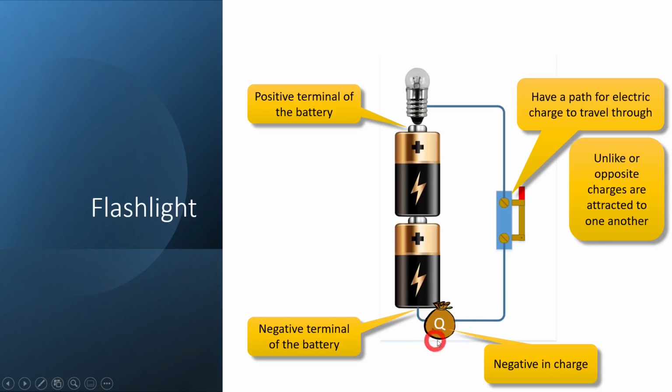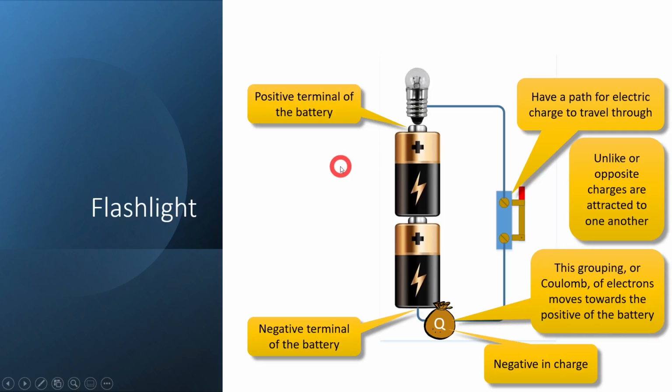So this quantity of negative charge is going to be attracted through the wire to this positive charge on the top of the battery. So this grouping will actually move down the wire towards the positive terminal of the battery.